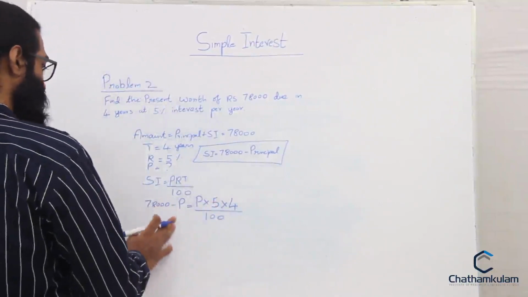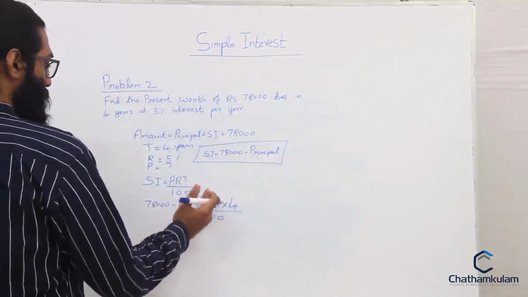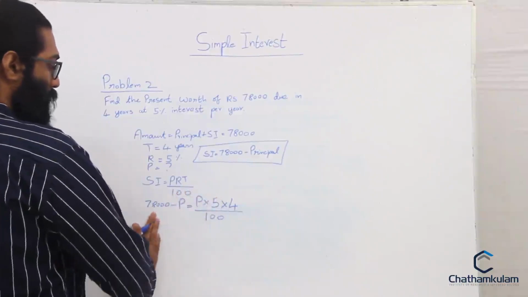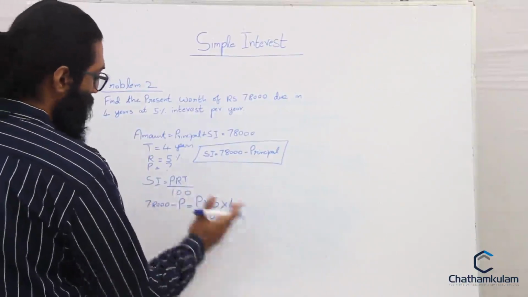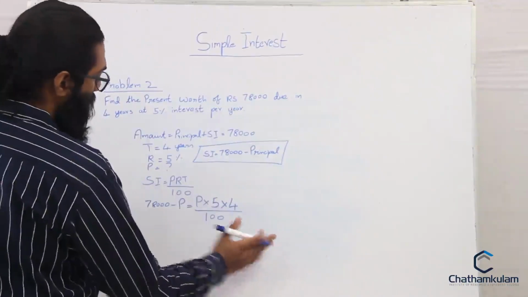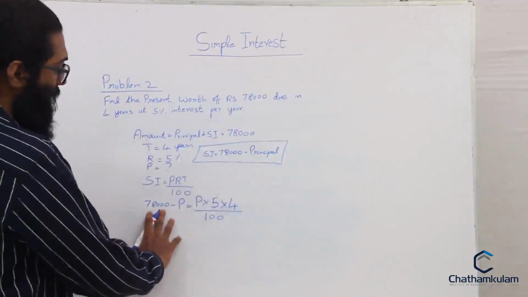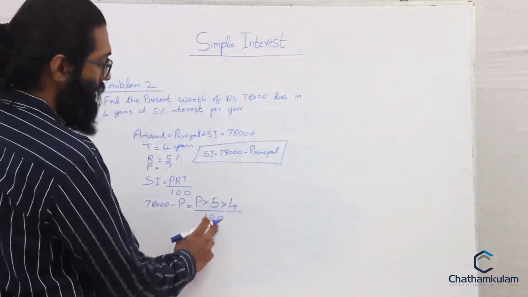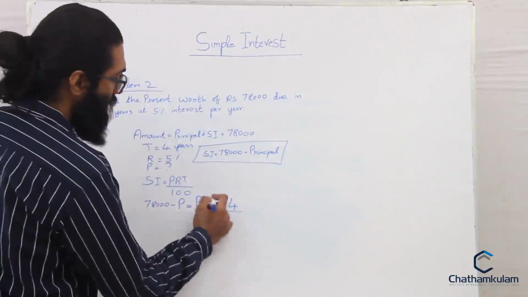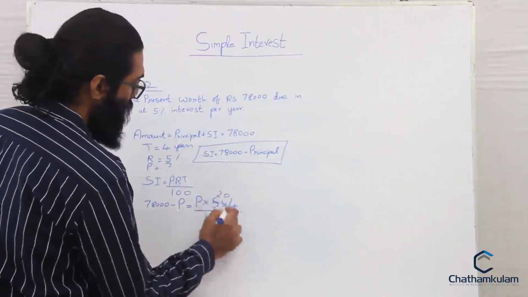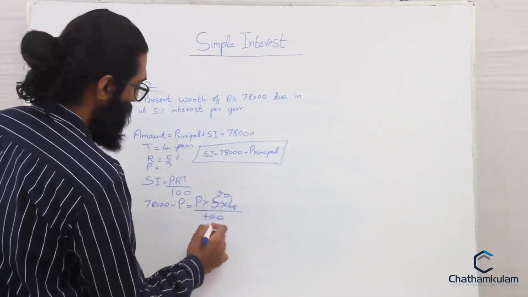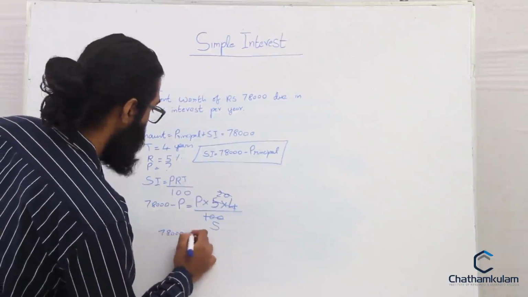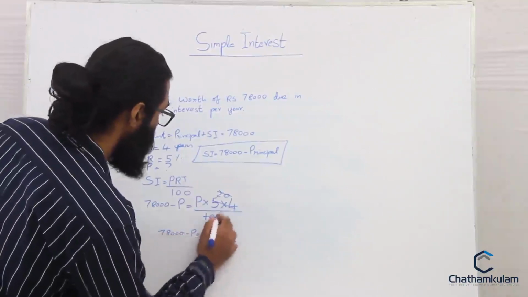Then P should be on the left hand side and the other values on the right hand side. So 78,000 minus P equals P into 5 into 4 by 100. 5 into 4 is 20, and 20 divided by 100 is 1 by 5. So we get 78,000 minus P equals P by 5.